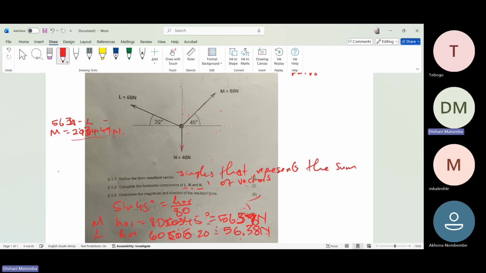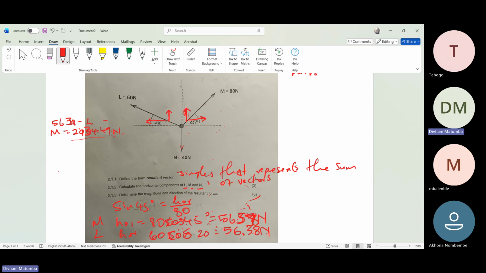It will have a vertical component and a horizontal component. This one won't have a horizontal component because the horizontal component is 0.